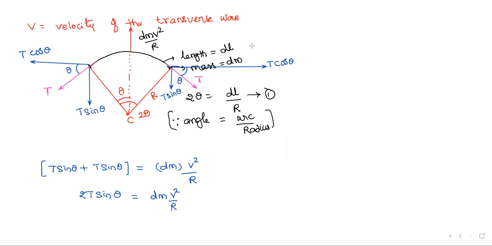Small angle means, you have to understand that here the angle at the center, which is 2 theta, is small.